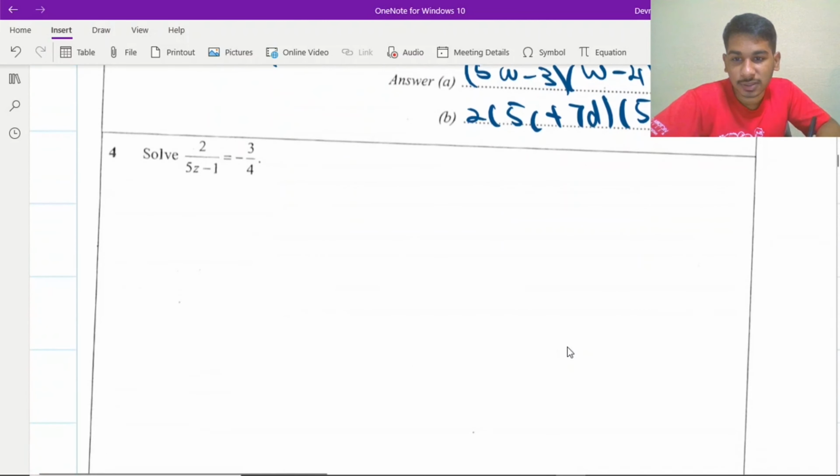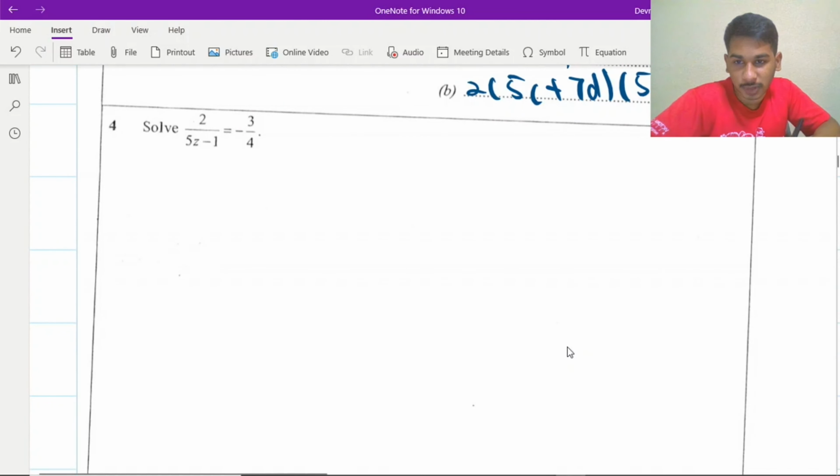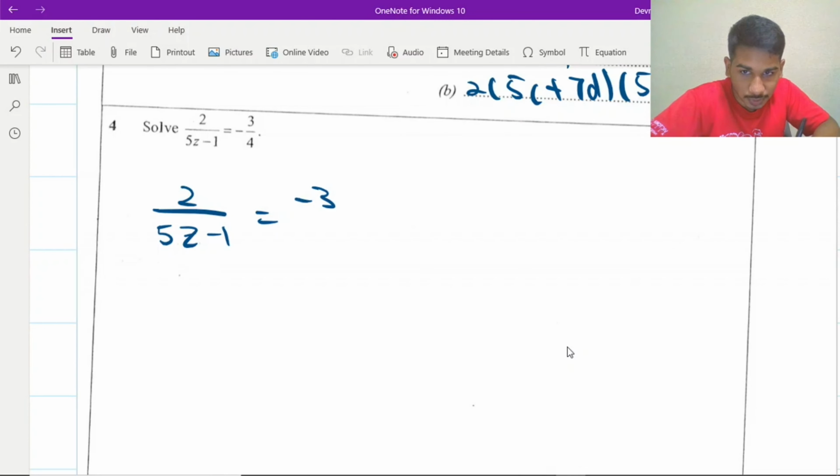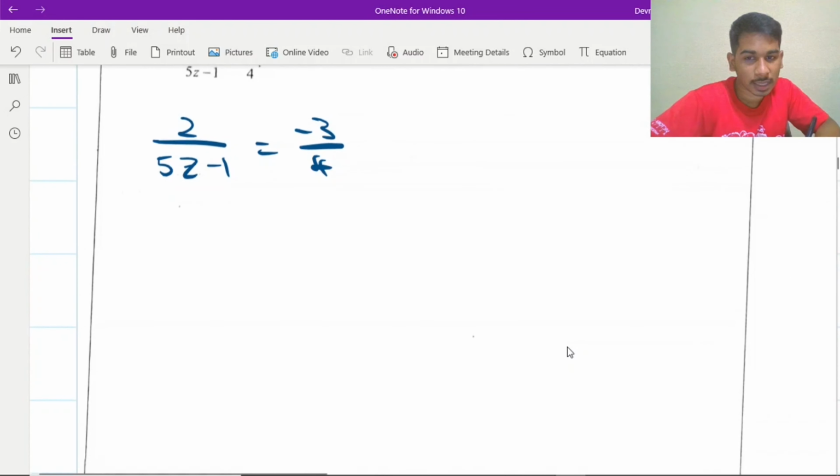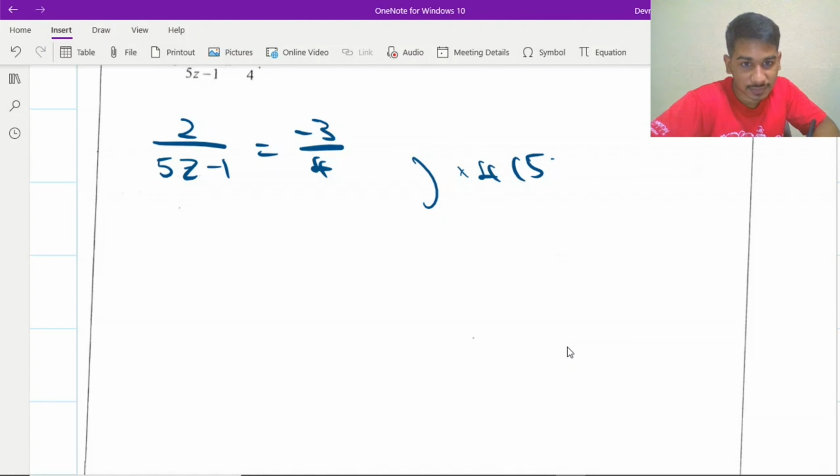Okay, solve this. I'll write it like this. 5z minus 1 is equal to negative 3 over 4. And now I'll multiply both sides by 4 times 5z minus 1, so both sides by the same number. The 5z minus 1 will cancel out.